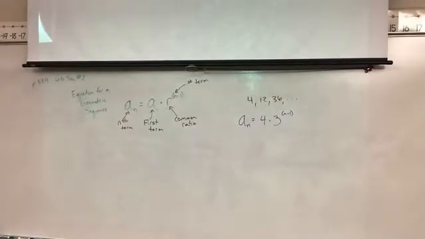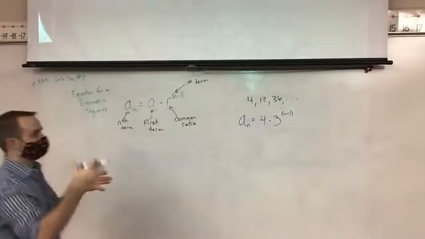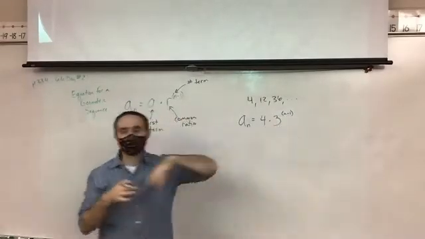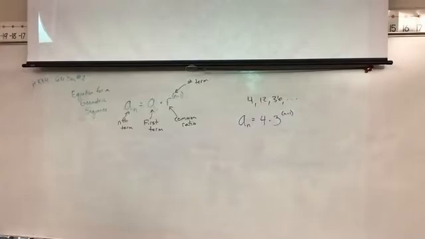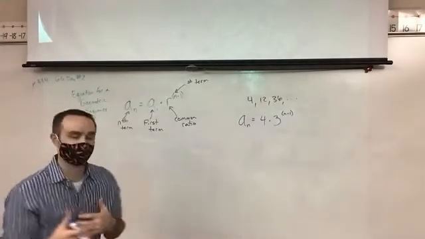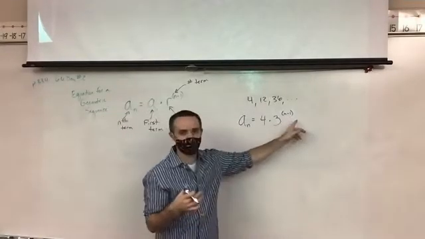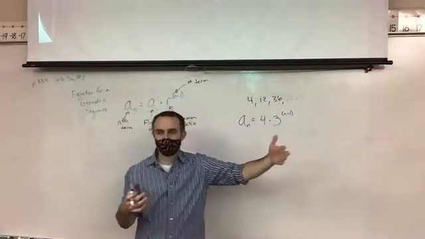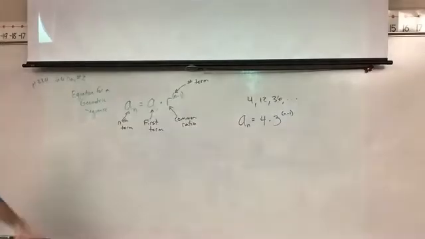That's fine. We just got to know that that is 4 times 3 to the n minus 1. I put parentheses around this. The book doesn't. I do it because if you're ever going to type that into a calculator, it's going to need parentheses around it. Realistically speaking, once we put a number in, you're just in your mind going to subtract 1 and put it there. You're not going to actually type in something minus 1 in the calculator. So that's our answer to the first part of the question. The first part is always just going to say, write the equation. Then it's going to say, all right, what is the whatever term?